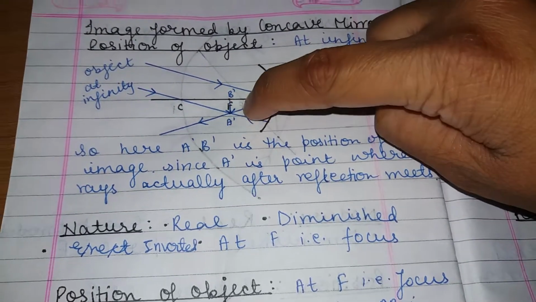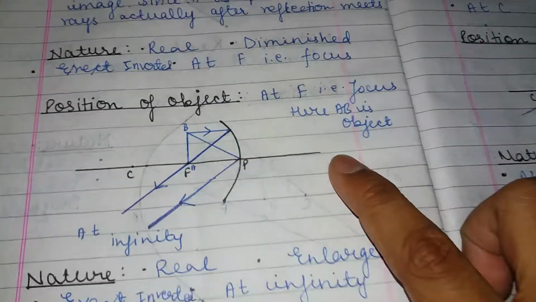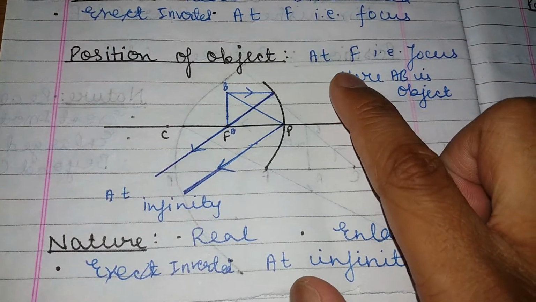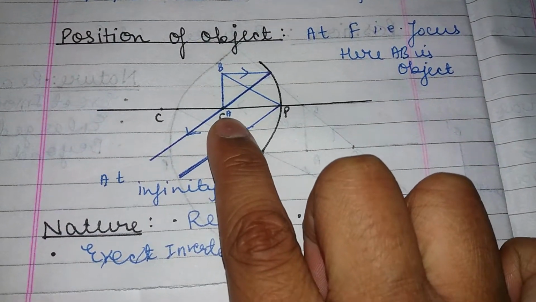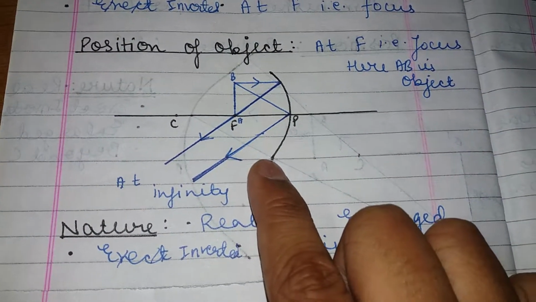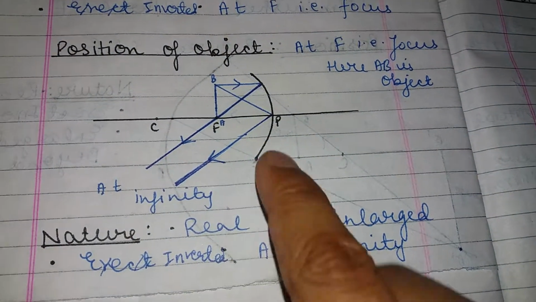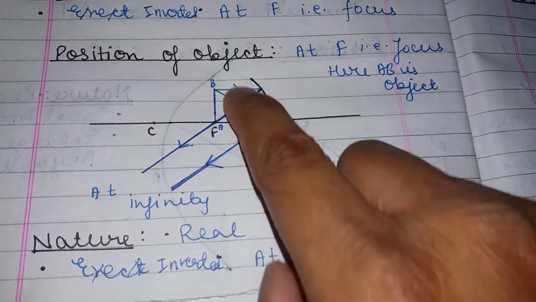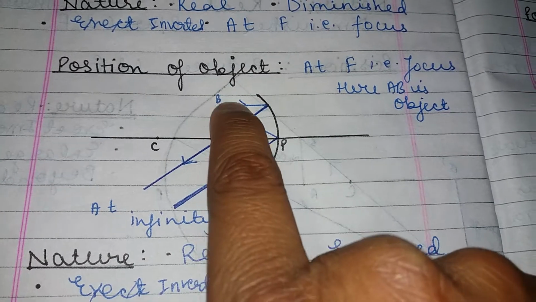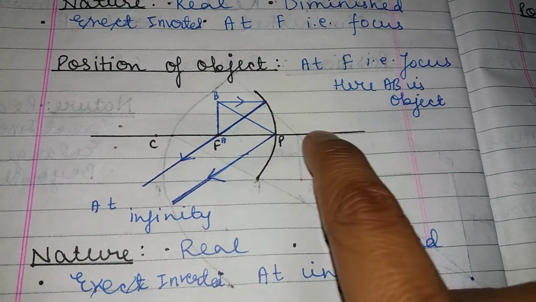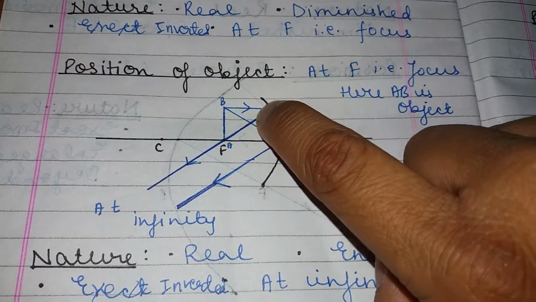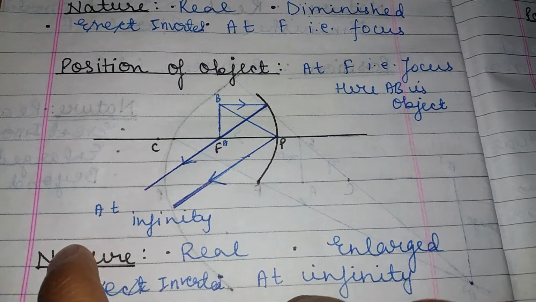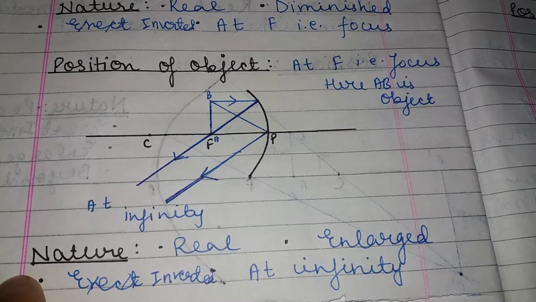Now second one, when the position of the object is at focus, here is how the image is formed. When the object is AB, a ray parallel to the principal axis after reflection will pass through the principal focus.